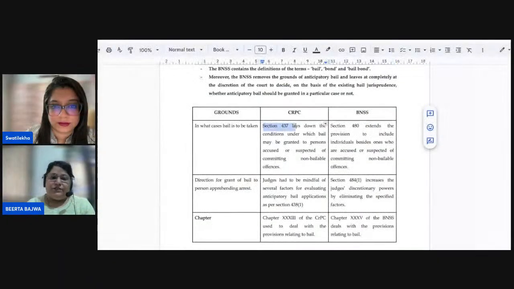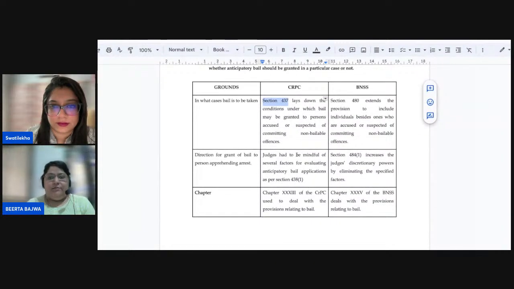Now, under the earlier act, that is covered under two sections. One is section 437 of CrPC, which deals with bails before the magistrate. Whenever an accused is arrested and the offences are magistrate triable, you file for bail before the magistrate, and that would be covered under section 437 of the CrPC.